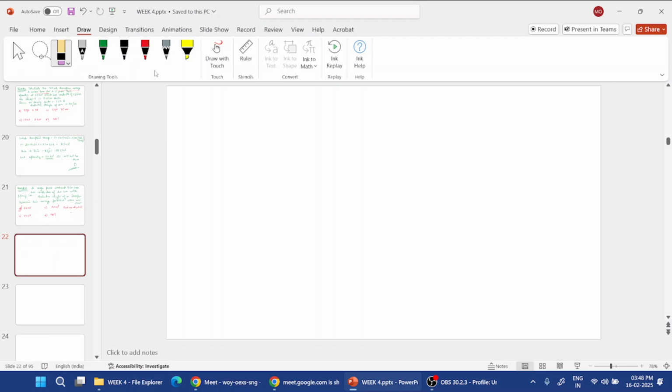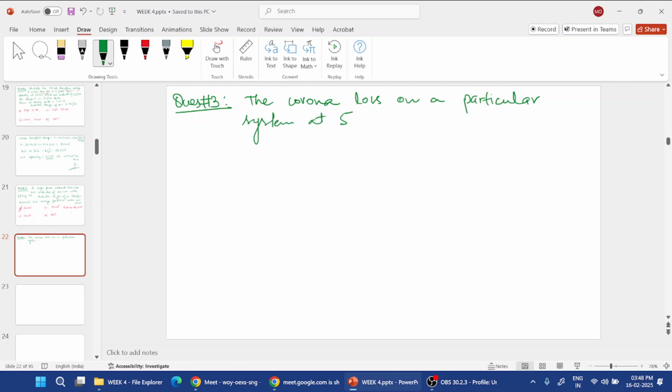Okay, now question number 3. Corona loss. You should give the answer in the chat box. These are MCQ based, at least try to participate. The corona loss of a particular system at 50 Hz is 1 kilowatt per kilometer per phase. What will the corona loss be at 60 Hz in the same system?